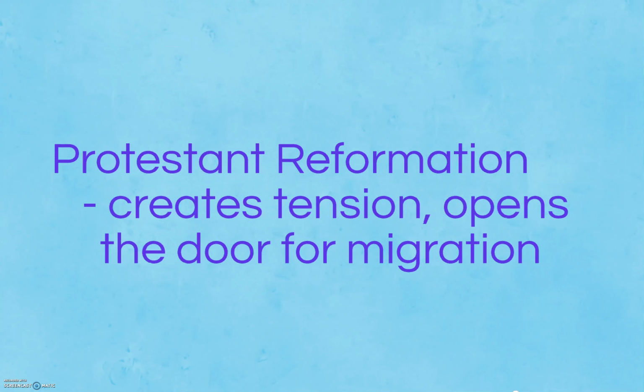All right, now the Protestant Reformation is going to create a considerable amount of tension within England and really across Europe, but it opens the door for more migration to the New World.